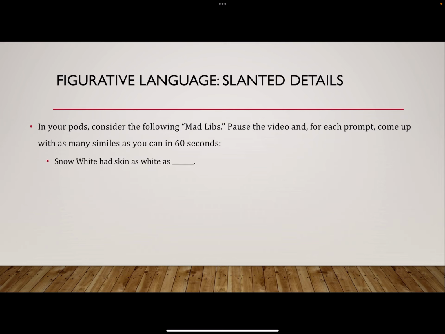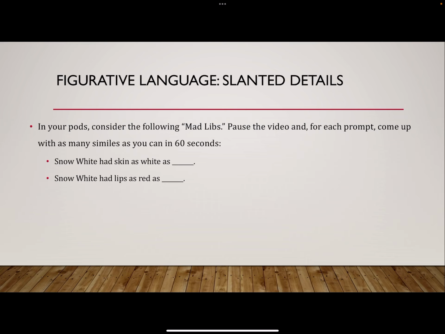So Snow White had skin as white as snow, we've determined. But what other things could be white? I'll give you one example: paper. Snow White had lips as red as. In the original, some people say cherries, some people say roses. In the Grimm's version, blood.